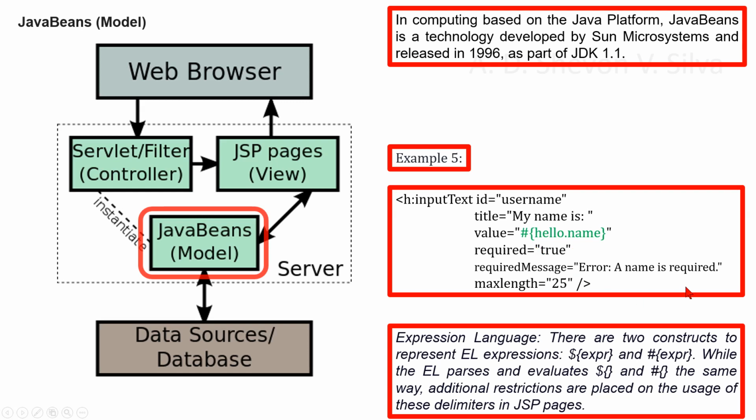An EL expression that is evaluated immediately is represented in JSP with the syntax $ open curly brace, closing curly brace, while an EL expression whose evaluation is deferred is represented with the syntax hash, open curly brace, then expression, and then closing curly brace here.